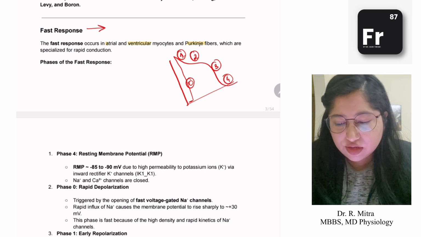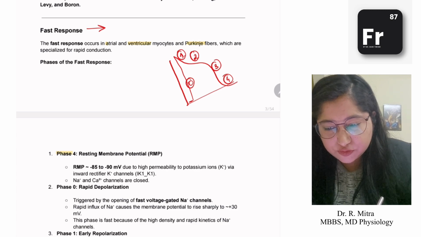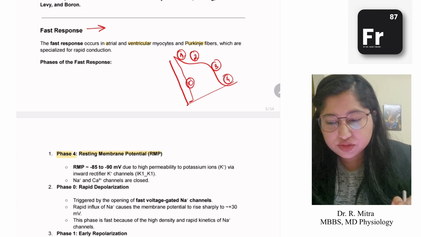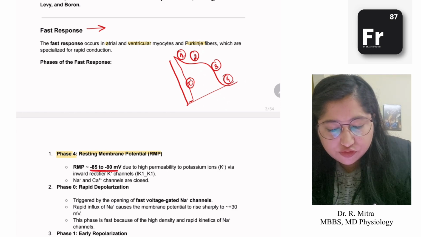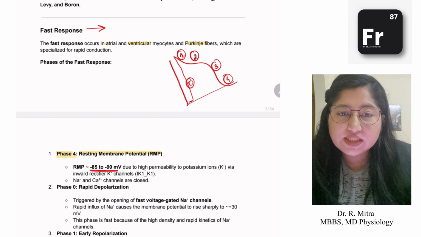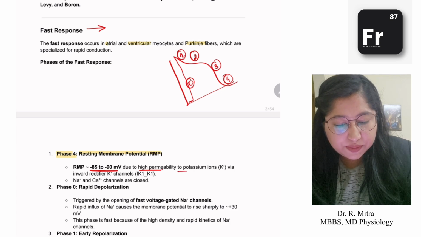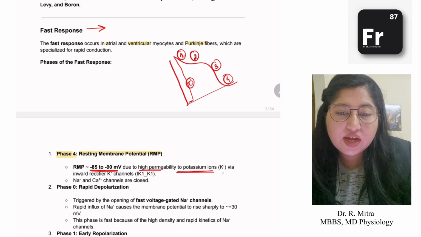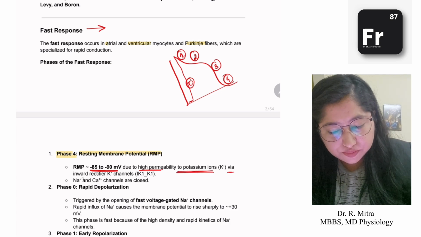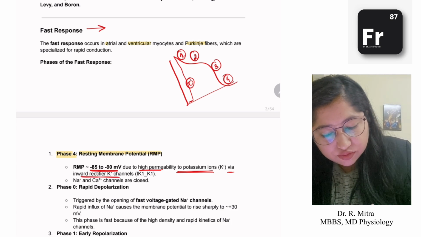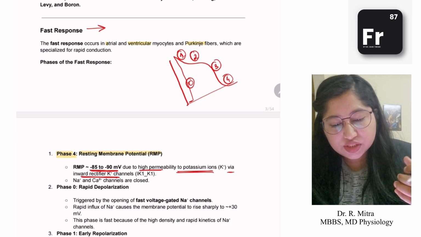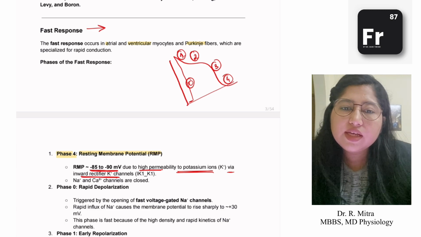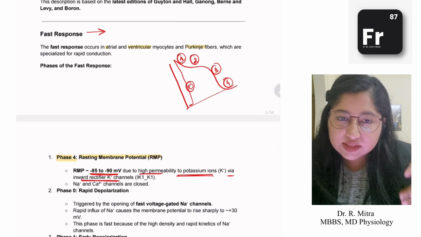Now we start the curve for the fast response from phase 4. That is the resting membrane potential. The resting membrane potential for cardiac muscle is in the range of -85 to -90 millivolt. Due to high permeability to potassium ions, potassium is effluxed via the inward rectifier channels, because of which repolarization is achieved and the resting membrane potential is maintained.